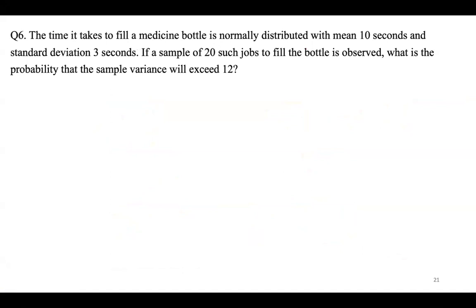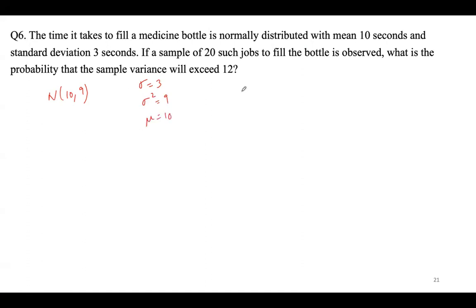Now the time it takes to fill a medicine bottle is normally distributed with a mean 10 and a standard deviation 3. If a sample has 20 such jobs to fill the bottle, what is the probability that the sample variance is going to exceed 12? All right. So here we have a normal distribution that's 10 comma 9, because sigma is equal to 3, which means sigma square is equal to 9, and mu is equal to 10.